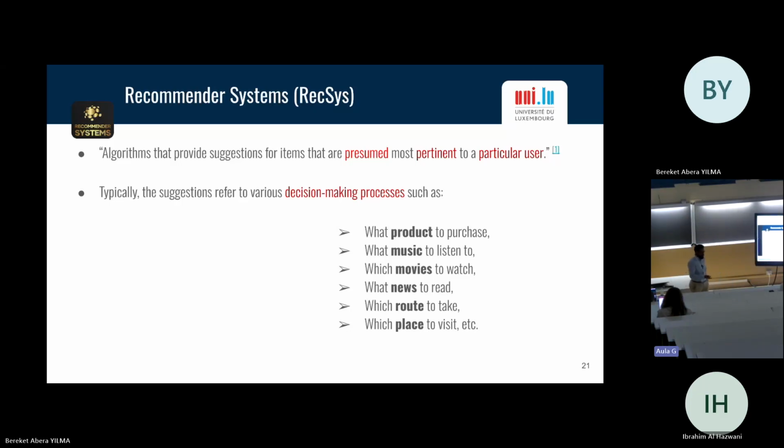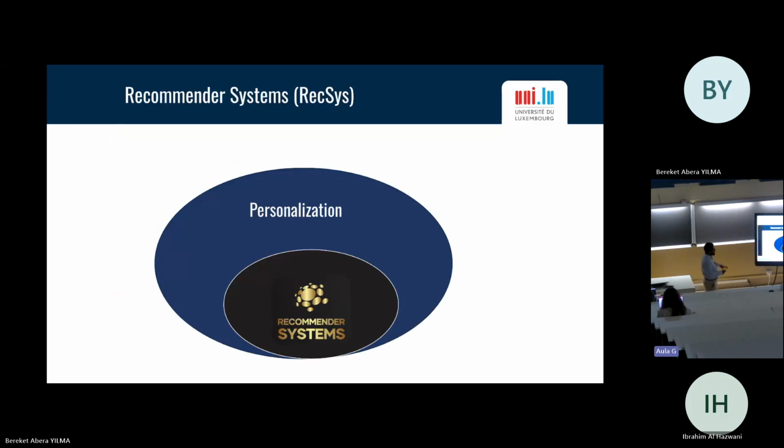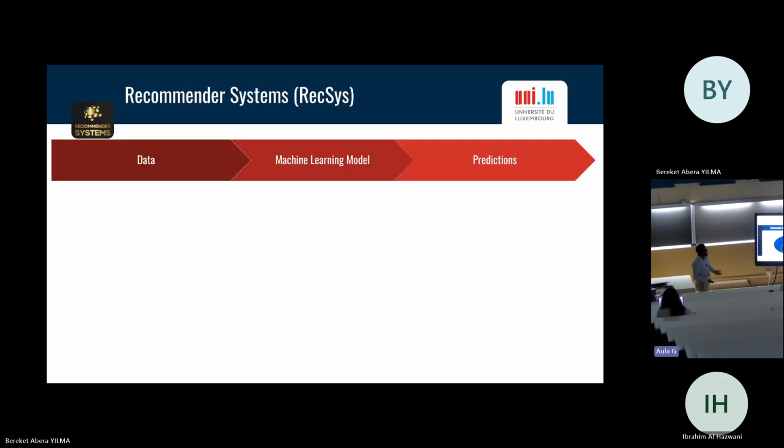These are classic examples of RecSys, and some old statistics, for example, show that the consumption on some of the major platforms is also attributed to the power of the recommendation systems that they use. So this is an example of the classic kind of online recommendation task. And we have the bigger picture of personalization, which also entails a lot of things, adaptation. But RecSys is within this domain.